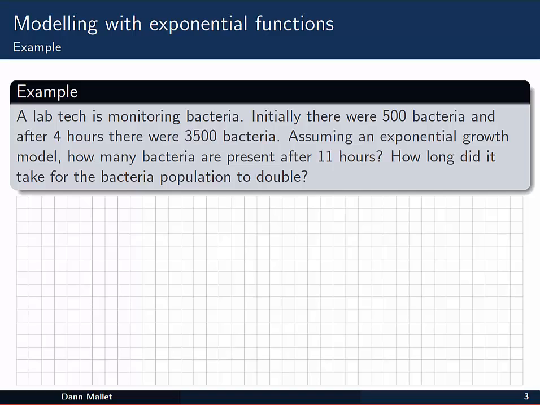Assuming that the population of bacteria grows exponentially, so assuming we can use an exponential growth model, the question is: how many bacteria are present after 11 hours? How long would it take for the bacteria population to double?